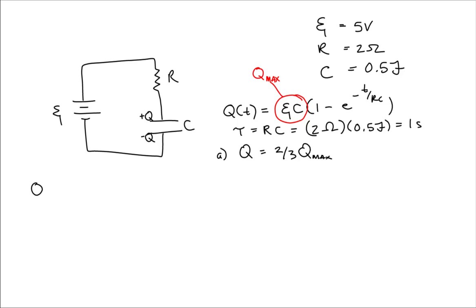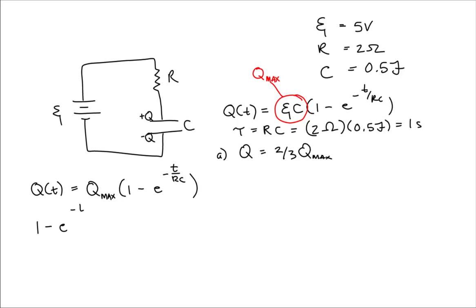This means we could express the charge as a function of time as the maximum charge on our capacitor, so that's the capacitor at full capacity, times 1 minus e to the minus t over RC. Our goal is to solve for time, how long it takes Q to reach 2/3 of the maximum. So let's isolate the time out of this equation.